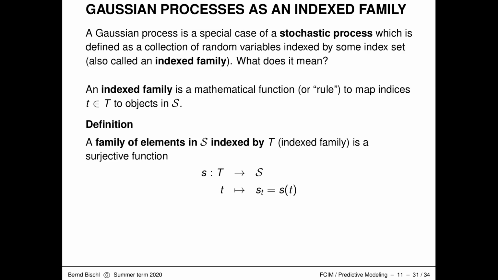So we define a family of elements of a set S indexed by some index set T, and we call that an indexed family, as a surjective function that takes an index and goes to S. What that only means is that if you specify an index, the indexed family tells you which element you're referencing, okay? That this is a well-defined operation. So if you pick an index, it's not allowed that no element is referenced by this or that two elements are referenced by this.